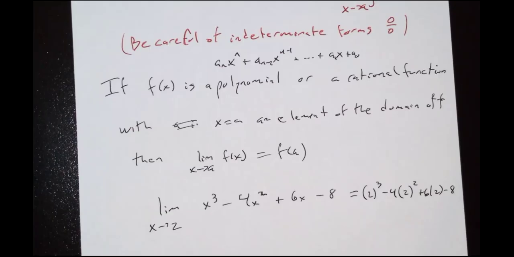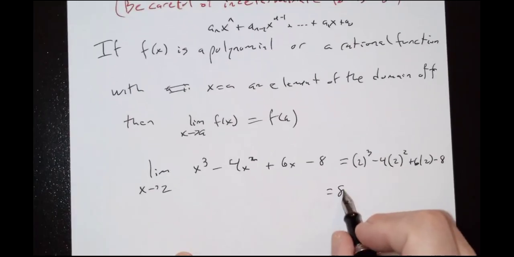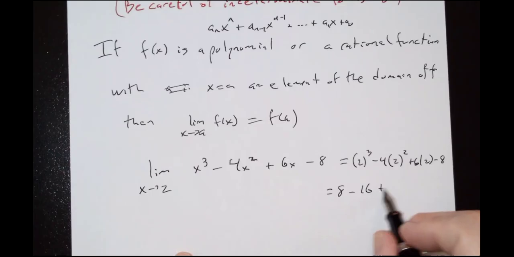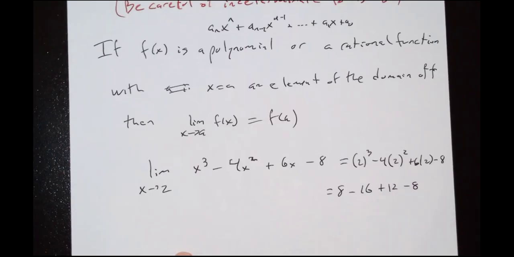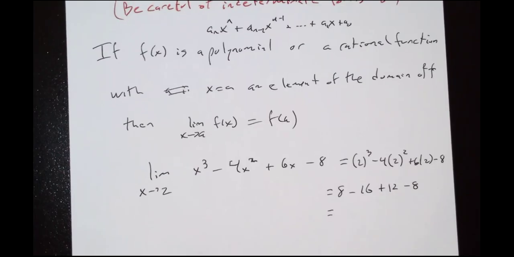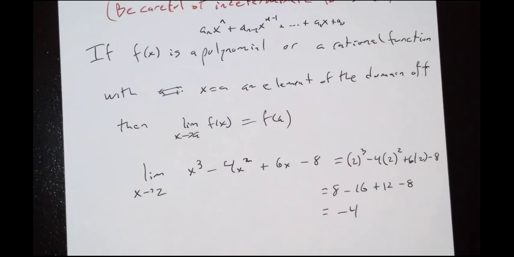That's it. Plug and chug, works perfectly. Polynomials are defined everywhere. You can put any value of x into a polynomial. In a rational function, you can only put in the numbers that don't make the bottom zero.